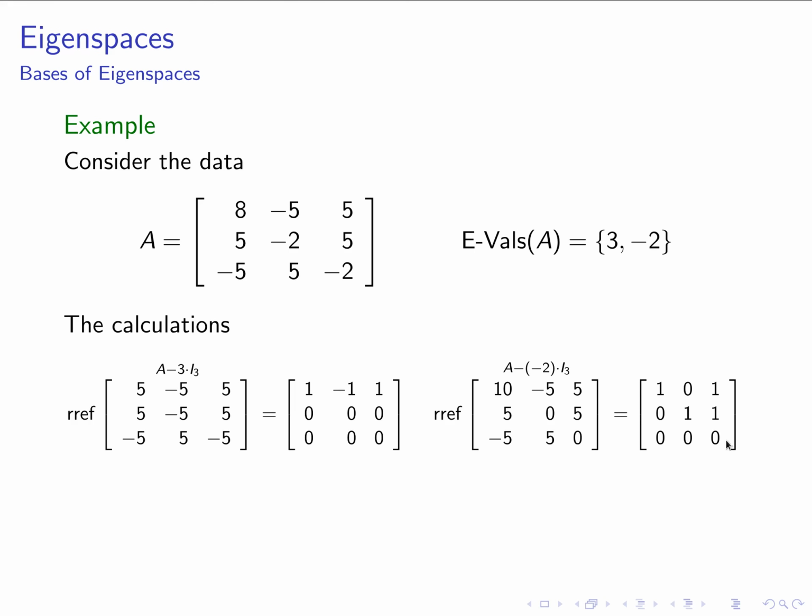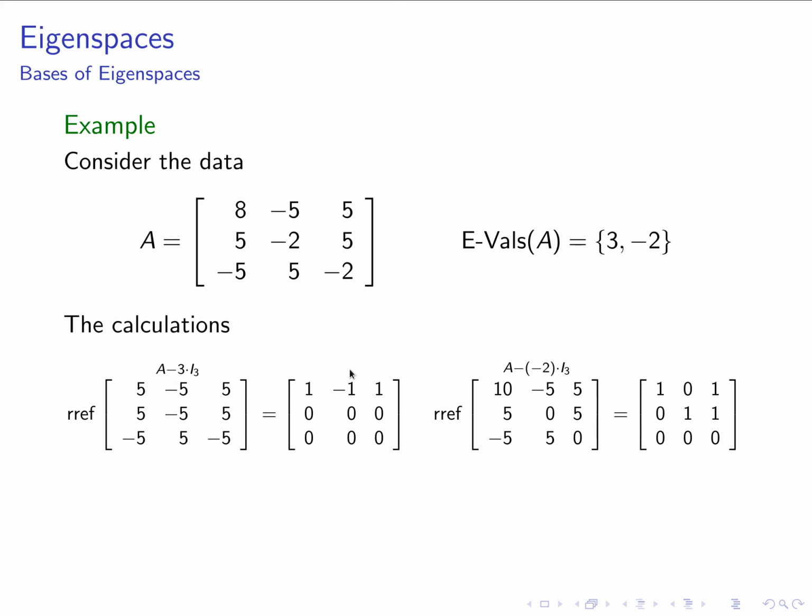We get a rank 2 matrix, and the columns are 1, 0, 0, 0, 1, 0, and then 1, 1, 0. So now, to find bases for these eigenspaces, all we need to do is use these two reduced row echelon forms to find the general solution to difference matrix times x equals the 0 vector.